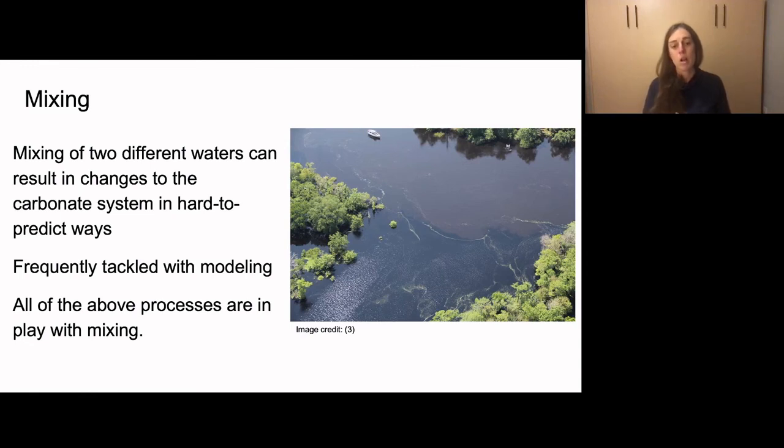Thinking about surface water versus groundwater mixing, our groundwater is likely going to be at a different temperature than our surface water, possibly colder, possibly warmer. Our total dissolved solids and the concentration of ions in the water is going to be different between our surface water and our groundwater.